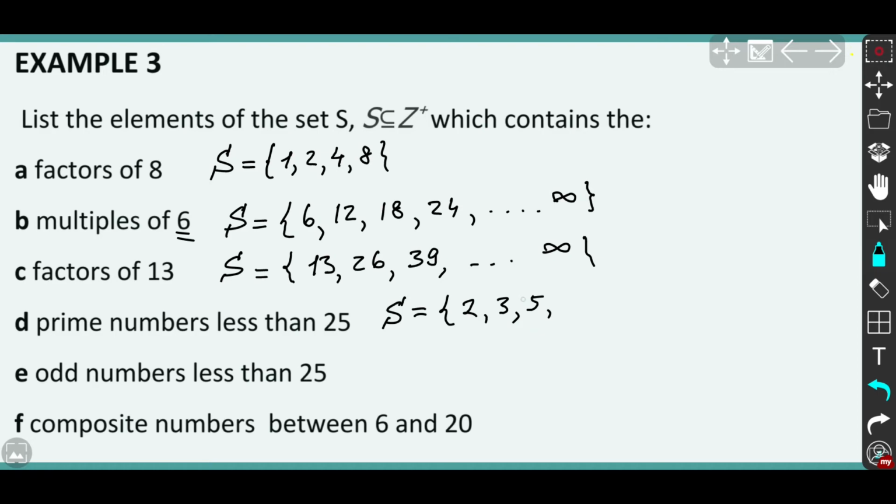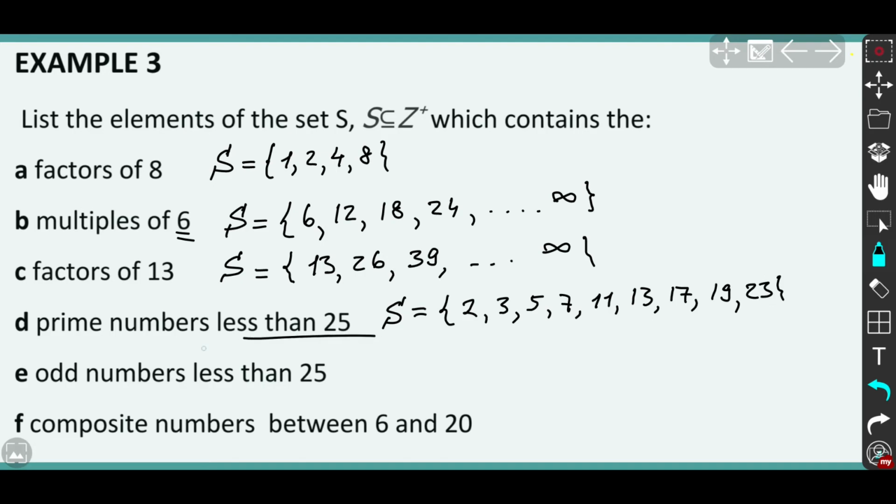So you can represent a prime number only as the product of 1 and the number itself. So 3, 5, 7, 11, 13, 17, 19, and 23. That's going to be the last number because it must be less than 25.